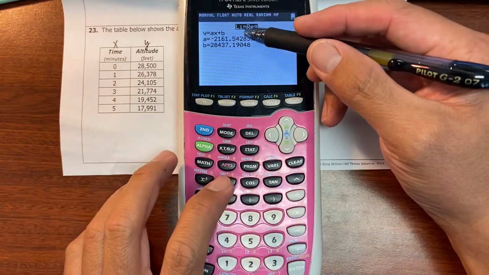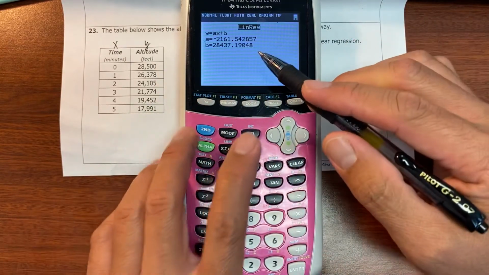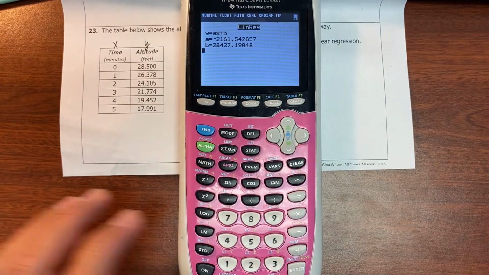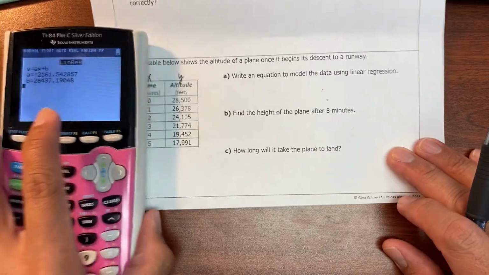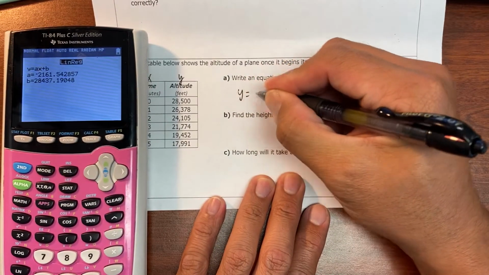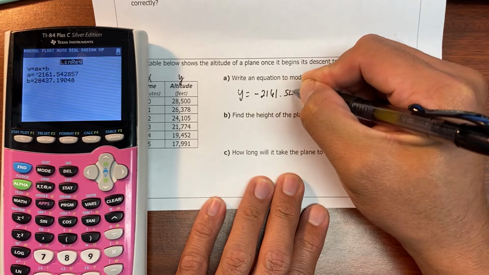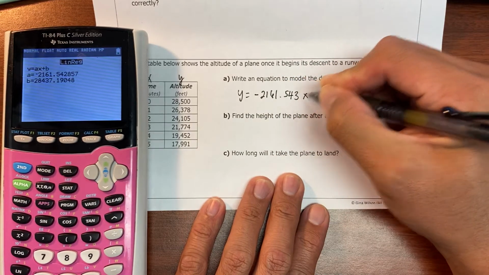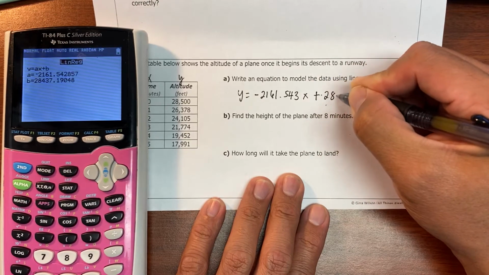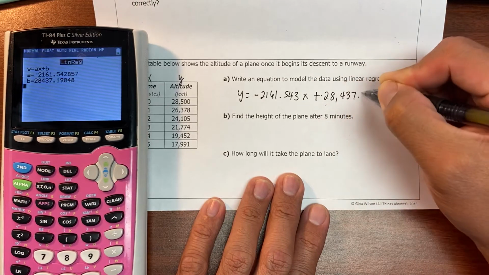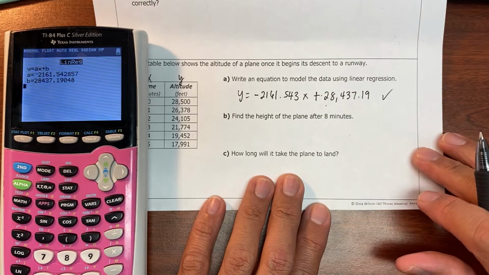So mine here will be 543. And my y-intercept is 28,437.19. So my equation here is y equals negative 2161.543x plus 28,437.19. That's my linear regression.